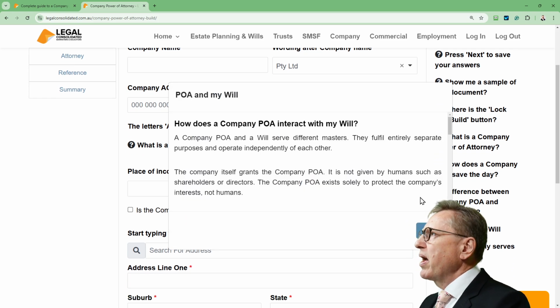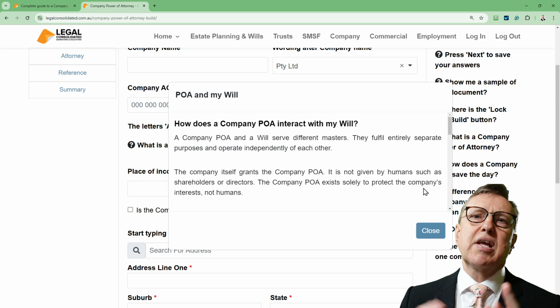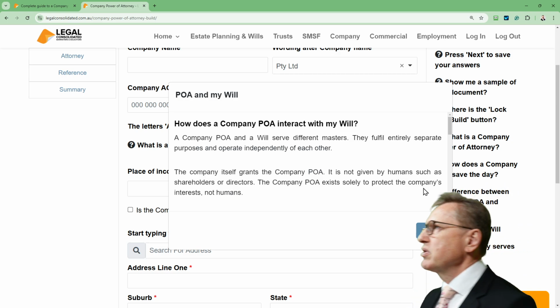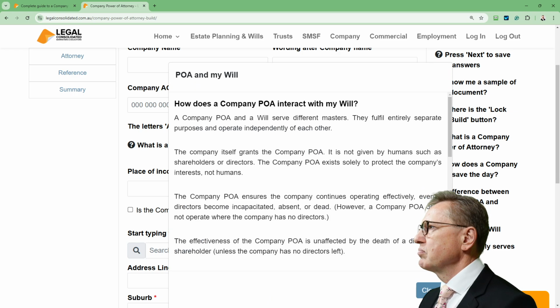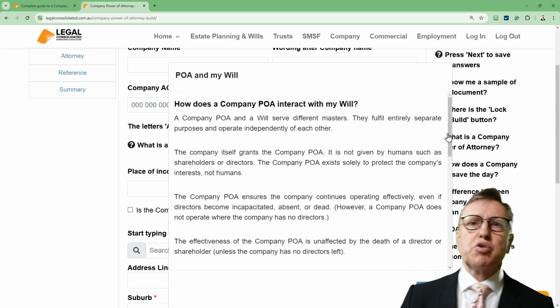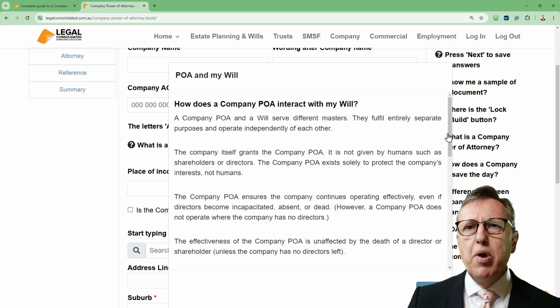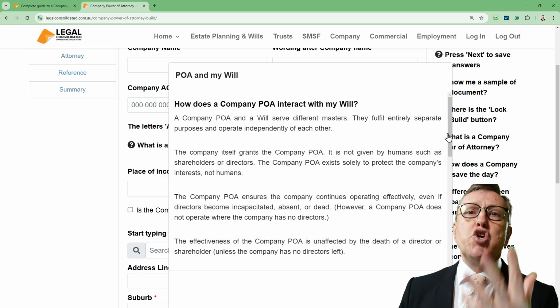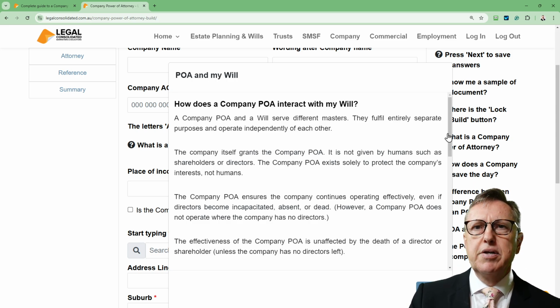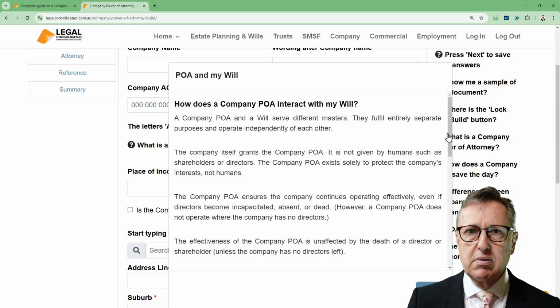So let's have a look at the nature of a company power of attorney as against a will. So what does it say here? A company power of attorney and a last will and testament serve two different purposes. Again, a will is built on our website by a human being to deal with its assets when that human being dies.